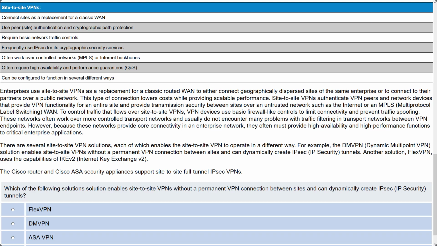So again, there's just different types of VPNs that exist. All right. But the idea here is that we are using that IPsec or Internet Protocol Security protocol suite to secure our IP communication. We're adding authentication, we're adding encryption so that each IP packet in that communication session is sent securely.